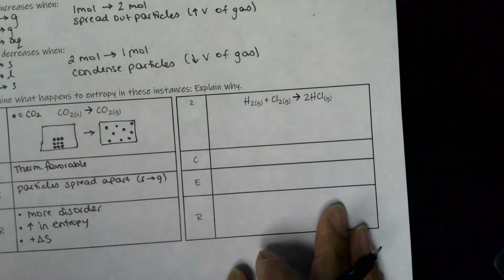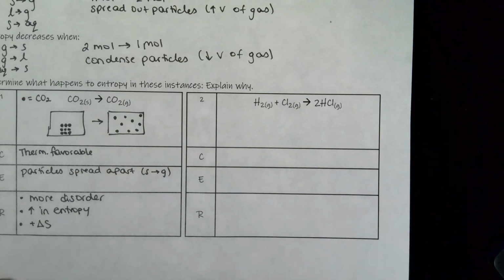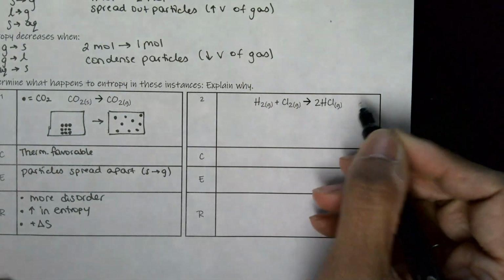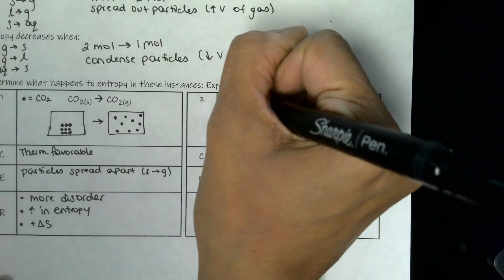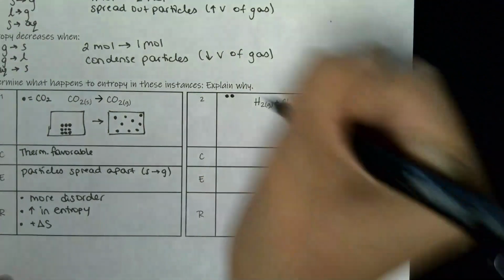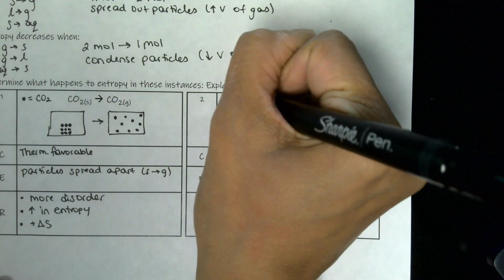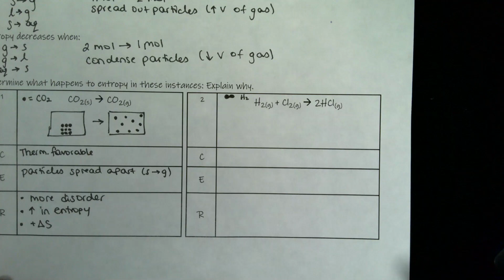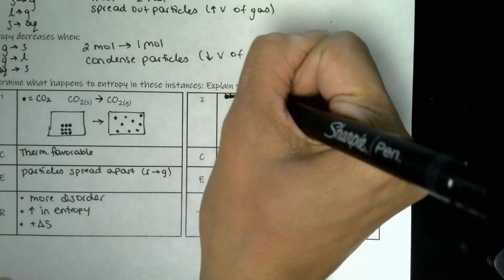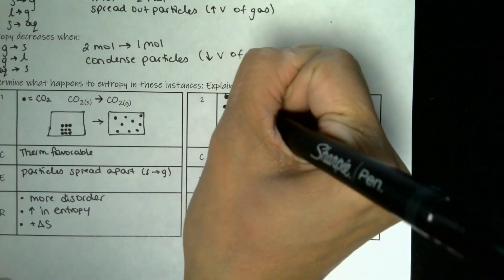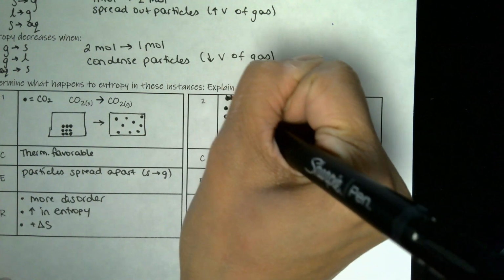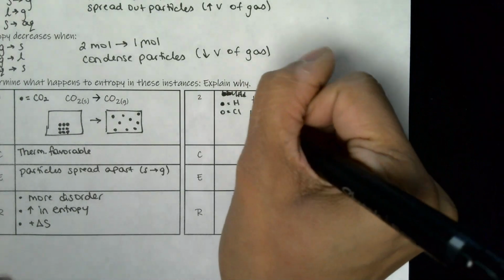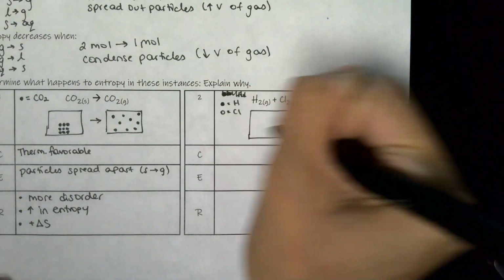So let's take a look at number 2. We've got H2 plus Cl2, and that produces 2 HCl, all of which are gaseous. So maybe I get them closer together. Let me just do a dot for H, an open circle for Cl. Here, I'm going to show that I have 2 systems, a before and after.